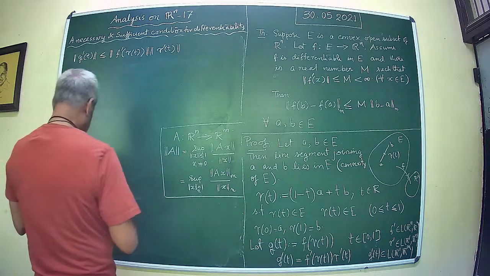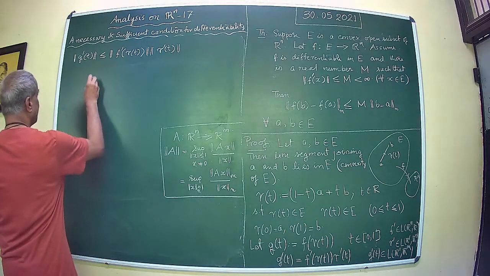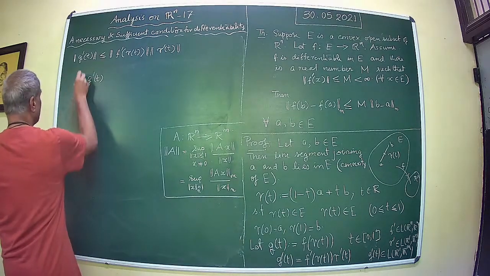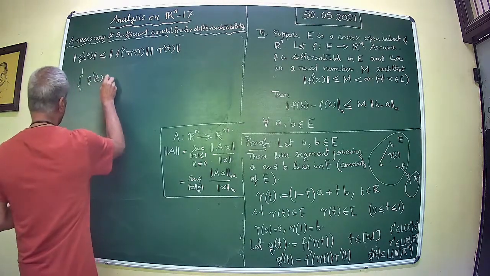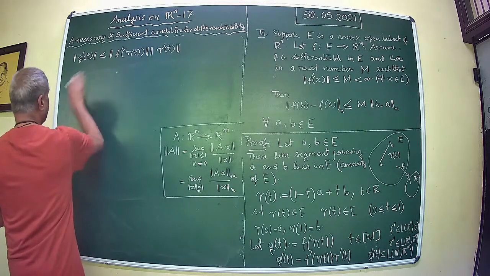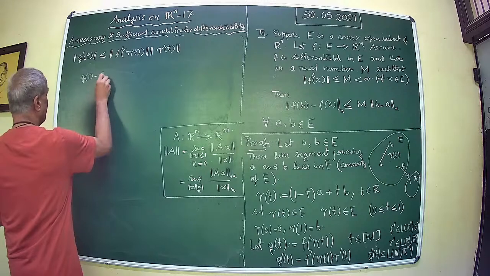Now you see that this means that, so now you take g derivative and integrate it from 0 to 1, or I'll write it this way: g1 minus g0.